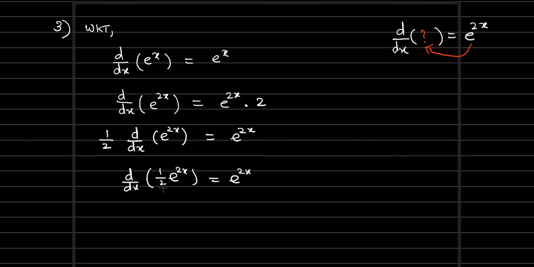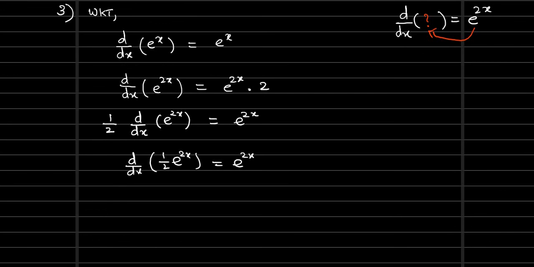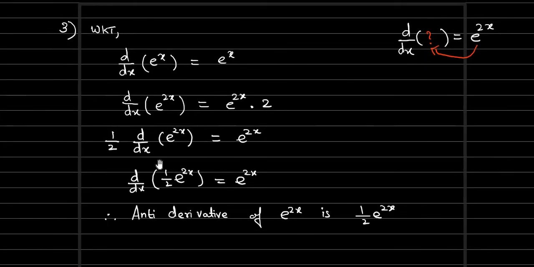So the derivative of 1 by 2 e power 2x is e power 2x. The antiderivative of e power 2x is 1 by 2 into e power 2x. The same thing we can write now. So therefore, the antiderivative of e power 2x is 1 by 2 e power 2x. That's all for this sum. This is the final solution.